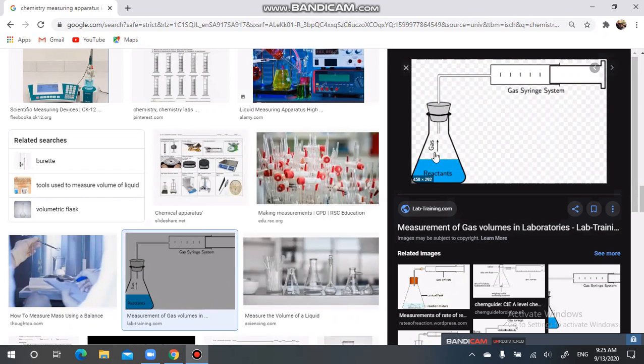A gas syringe. We have a reaction here. If we have a reaction and we want to identify the amount or the volume of gas evolved, we use a gas syringe to collect the gas evolved, and we measure the volume of the gas.